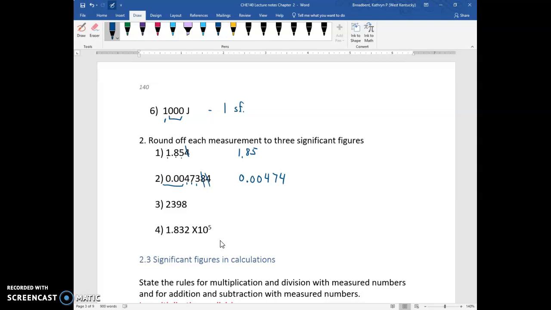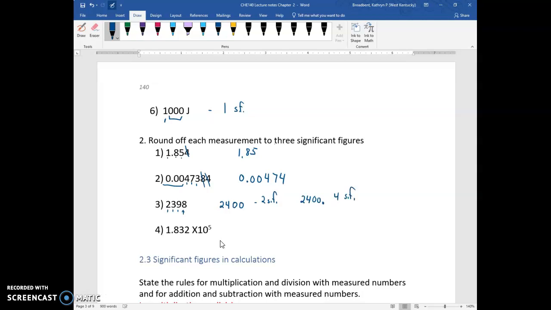Okay, so let's look at this one. We're going to need to get 3 significant figures. We'll keep the 2, keep the 3, keep the 9, and then we've got this 8. So if we are going to get rid of the 8, we'll make the 9 a 10. We're going to end up with 240. We need to keep our place value, so we have 3,400. As I've written it here, that has 2 significant figures. If I put a decimal behind it, I'm going to have 4 significant figures.